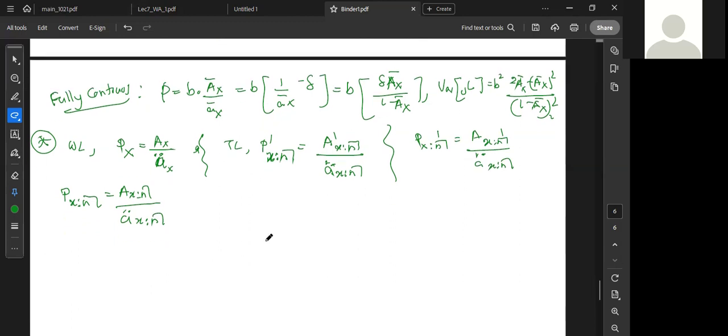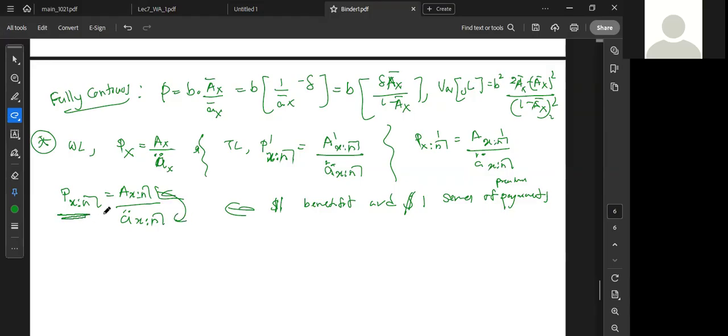So this is how we define the premium for standard policies, meaning $1 benefit and a $1 series of premium payments. This is the amount you have to meet. So if you have a specific amount, multiply it by that amount to get the corresponding premium.